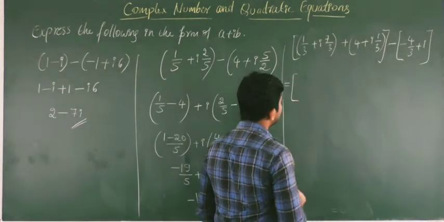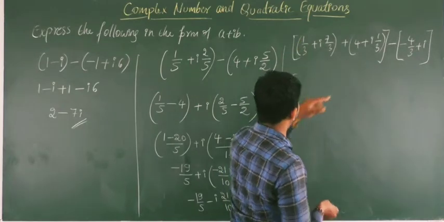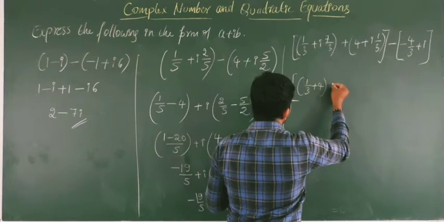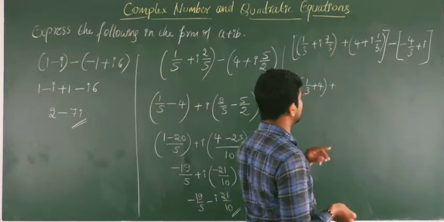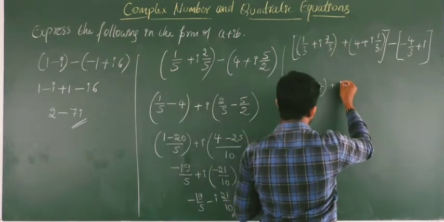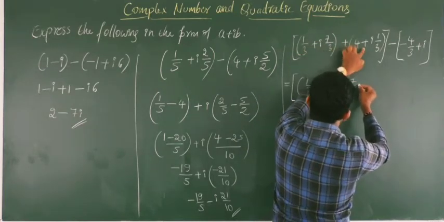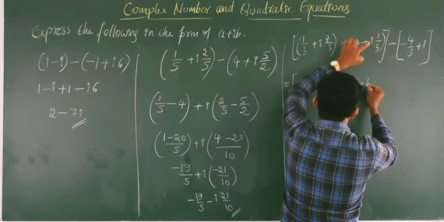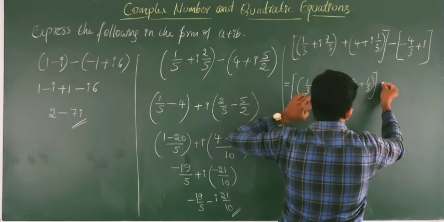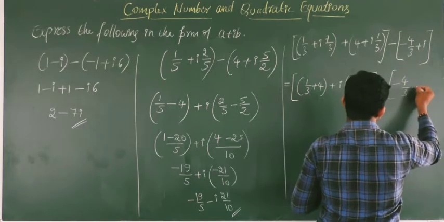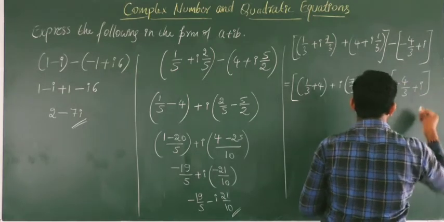This is nothing but 1 by 3 plus 4, because it is the addition of two complex numbers, plus I into 7 by 3 plus 1 by 3. And the outside term write as it is, minus 4 by 3 plus I.